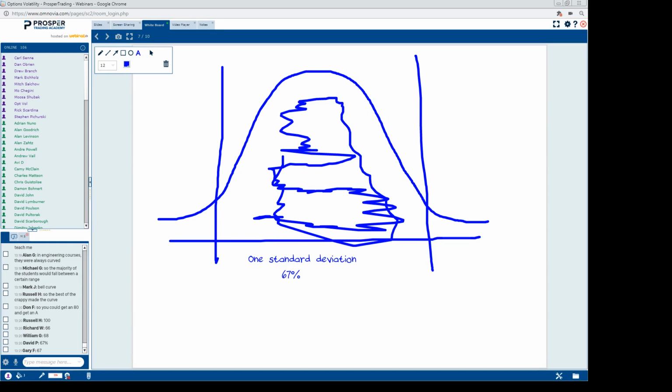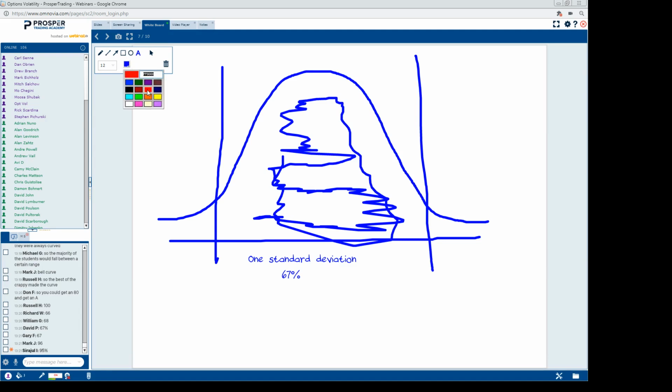Okay. Two standard deviation move, which would then encompass the next set of statistics or the next set of grades, or in relation to options, the next set of predicted moves.